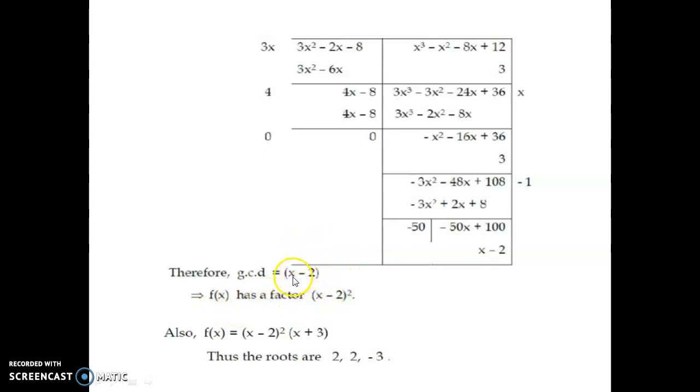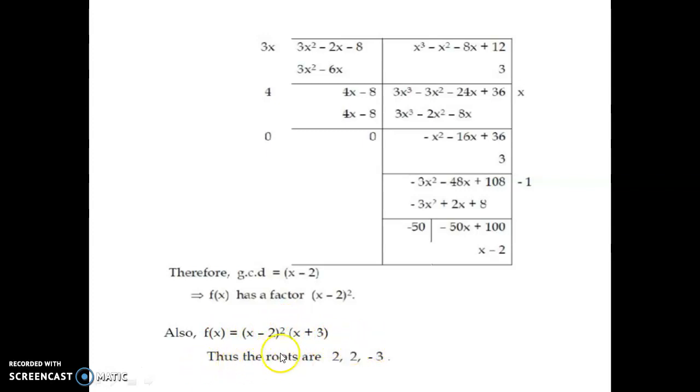Then since the GCD gives the common root for f of x and f dash of x, we can conclude that this 2 is a double root of f of x equal to 0. Therefore, f of x has a factor x minus 2 whole square. Then we can write f of x equal to x minus 2 whole square into x plus 3.